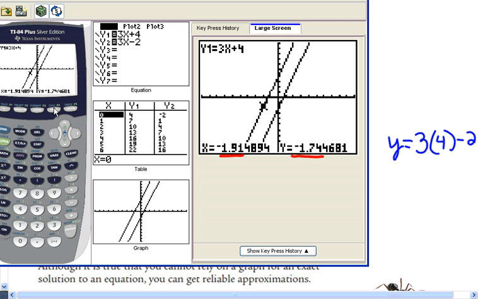Then the up and down arrows change you from equation to equation, and the left and right arrows move you along those equations. So let's say I want to know what x is when y is maybe 2.5 for the equation y equals 3x plus 4, which is one I'm on right now.